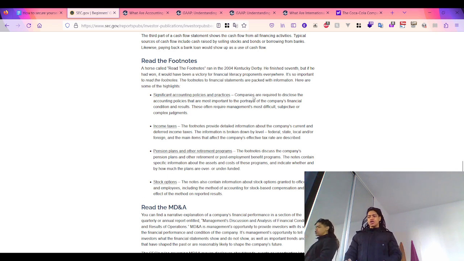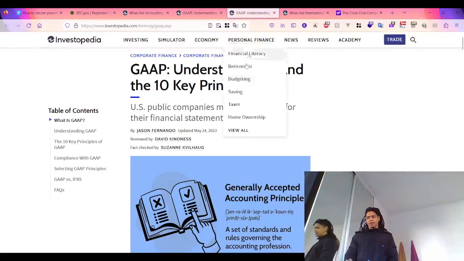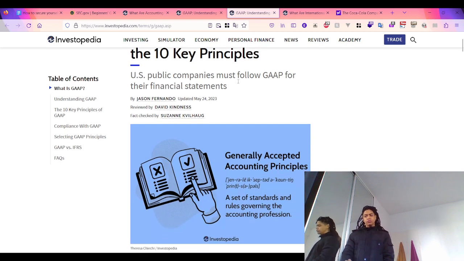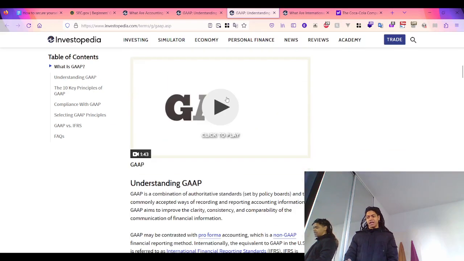Okay, so companies are required to disclose the accounting policies, like how they adhere to the accounting principles, whether it is GAAP, generally accepted accounting principles, which is a set of standards and rules governing the accounting profession. U.S. public companies must follow GAAP for their financial statements.